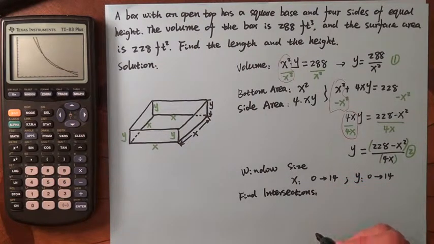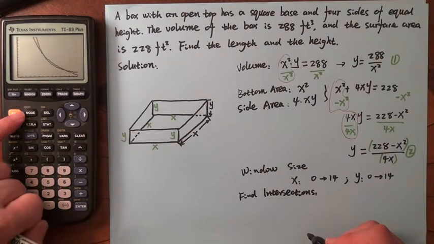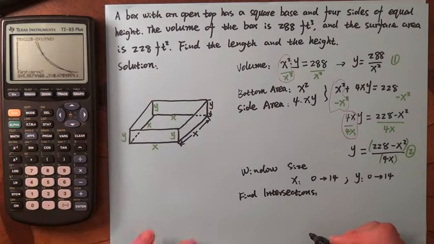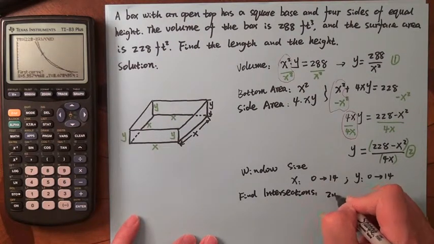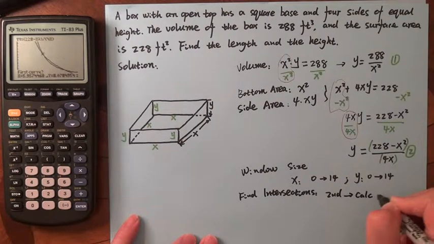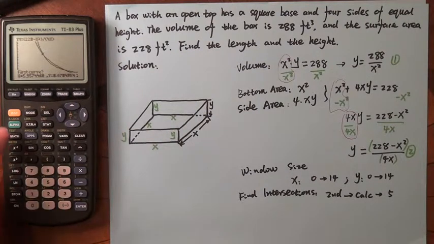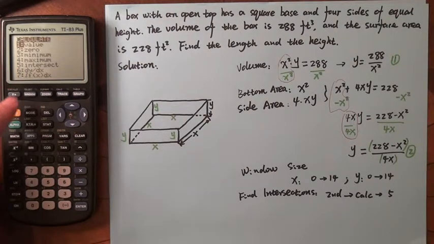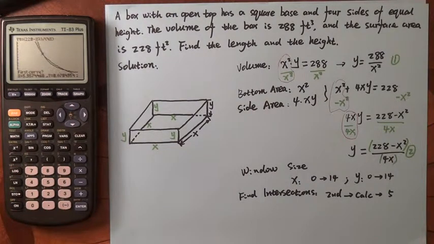How to do it? That will be second calc, number 5. Now one more time, second calc, intersect, input 5. They ask you the first curve.